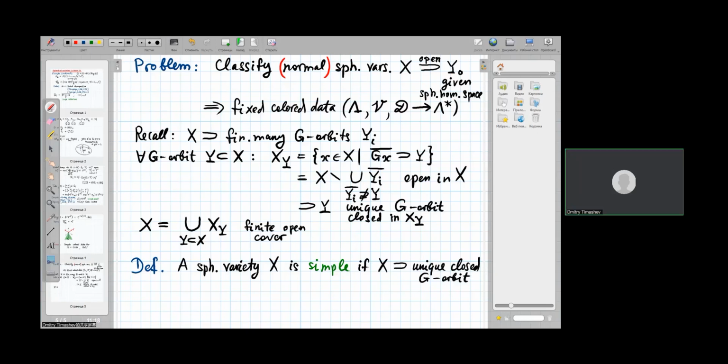So we have covered X by finitely many simple open subvarieties. And therefore, our classification problem subdivides into two subproblems. Problem 1 is to classify first simple spherical varieties.